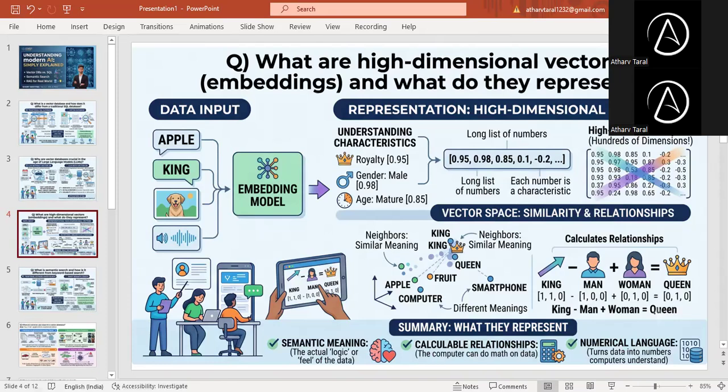They allow a computer to calculate relationships because the data is now just numbers. The computer can literally do math, like saying king minus man plus woman is equal to queen.